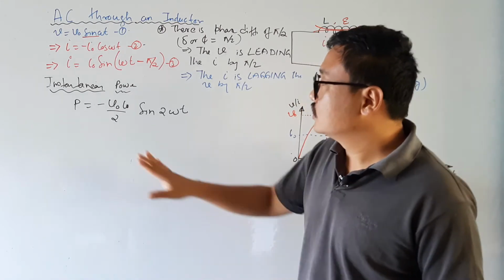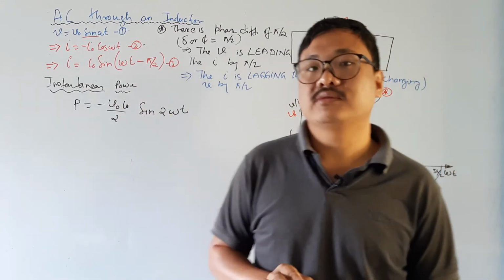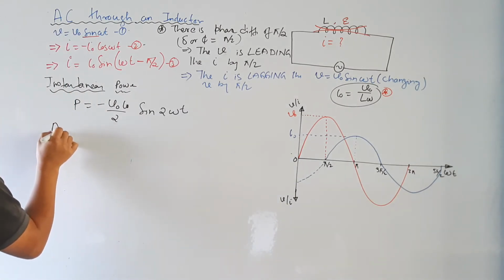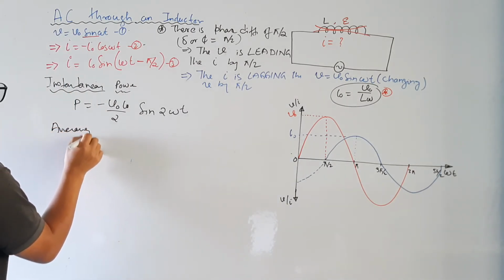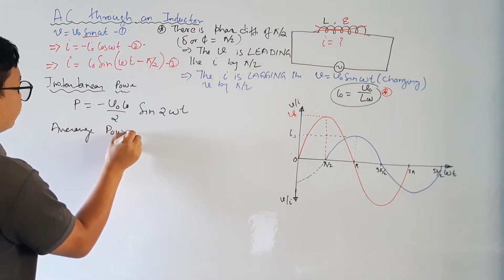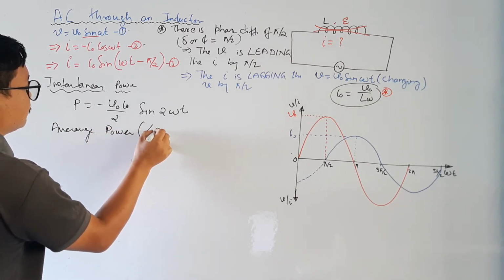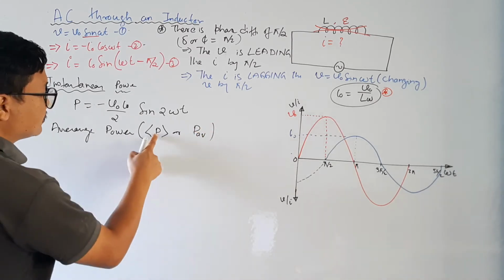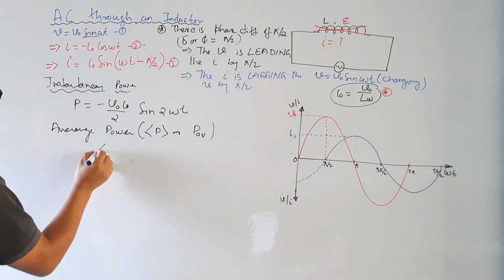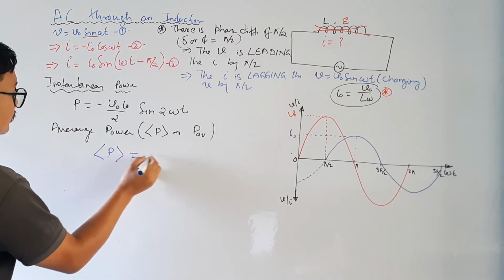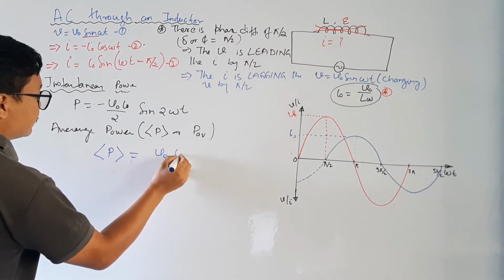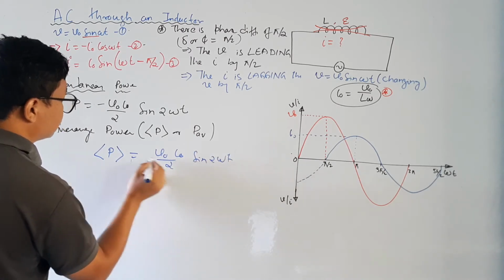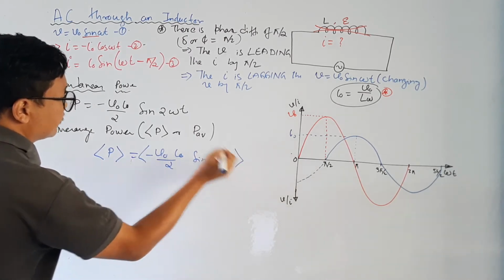So what we do is calculate the average power. The symbol for average power is P average. P average is equal to minus V0 I0 by 2 times sine 2 omega t, and I will take the average of this.